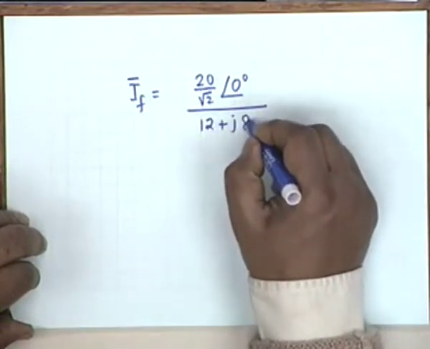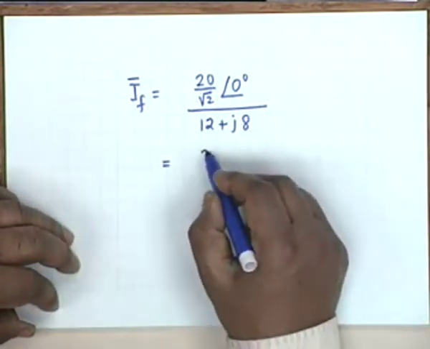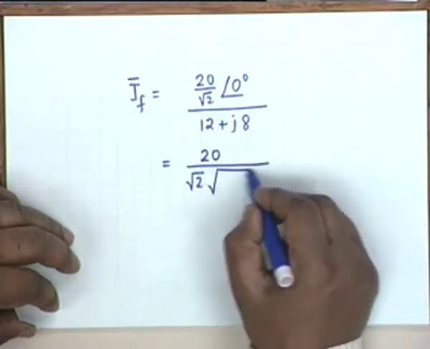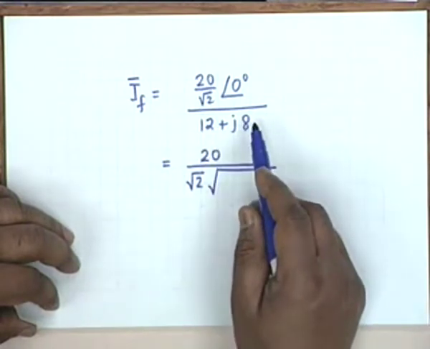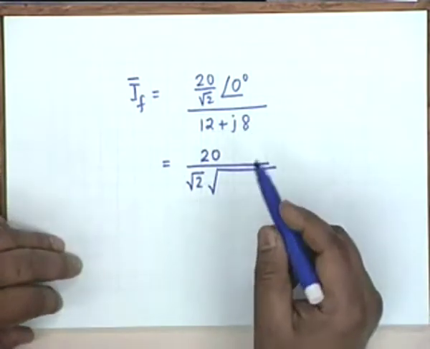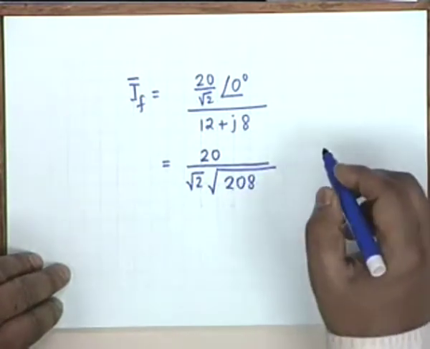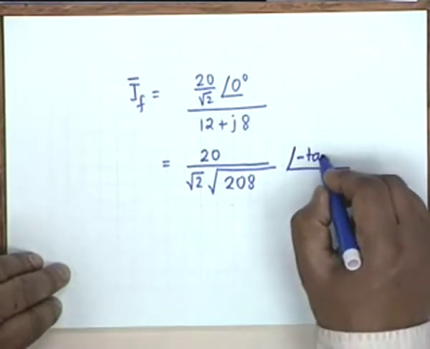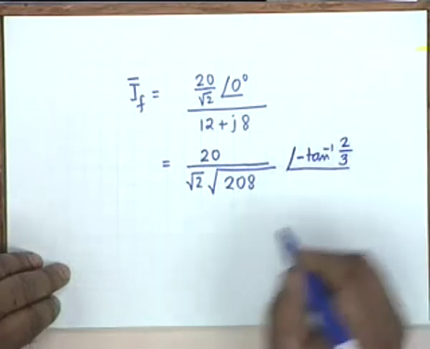All right, which I can write as 20 divided by root 2 times the square root of 144 plus 64. How much is that? 208, and the angle would be minus tan inverse 2 by 3. Agreed?